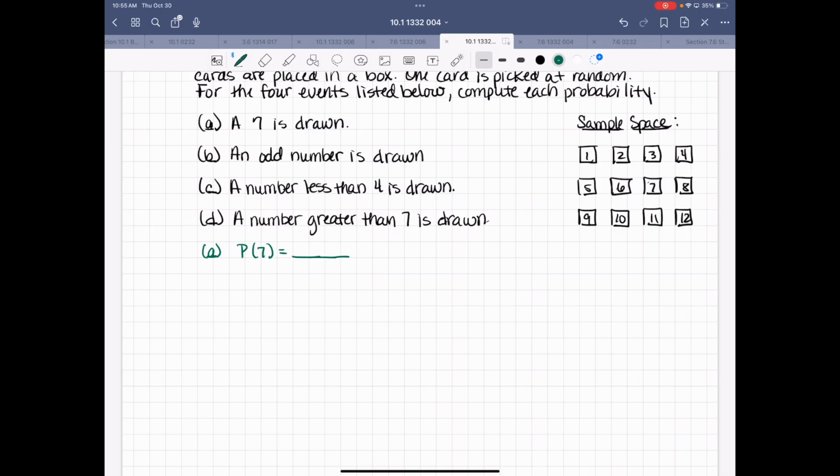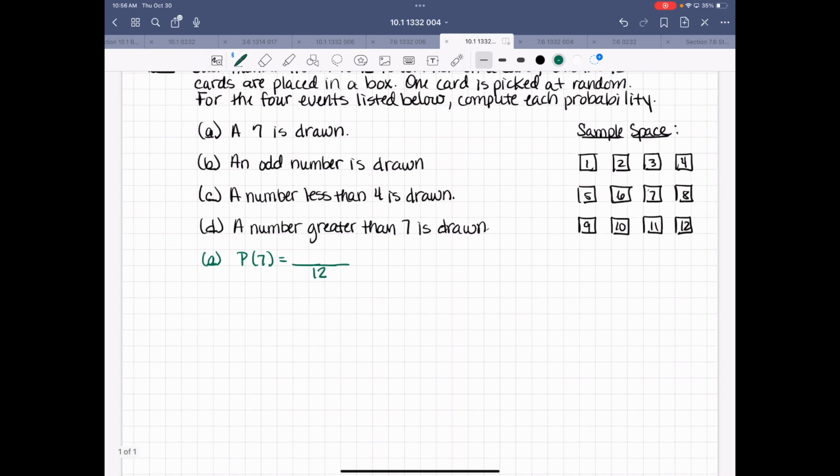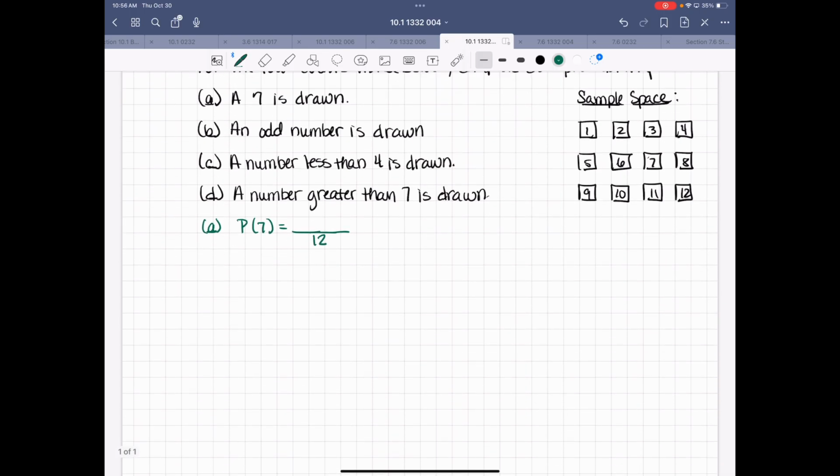How many cards are in the box? Yeah, 12, right? There's 12. Okay? Now, what goes on top is the number of outcomes of E. Well, how many 7s are there? 1, right? And only one of those cards contains a 7. So the probability of drawing a 7 is 1/12.